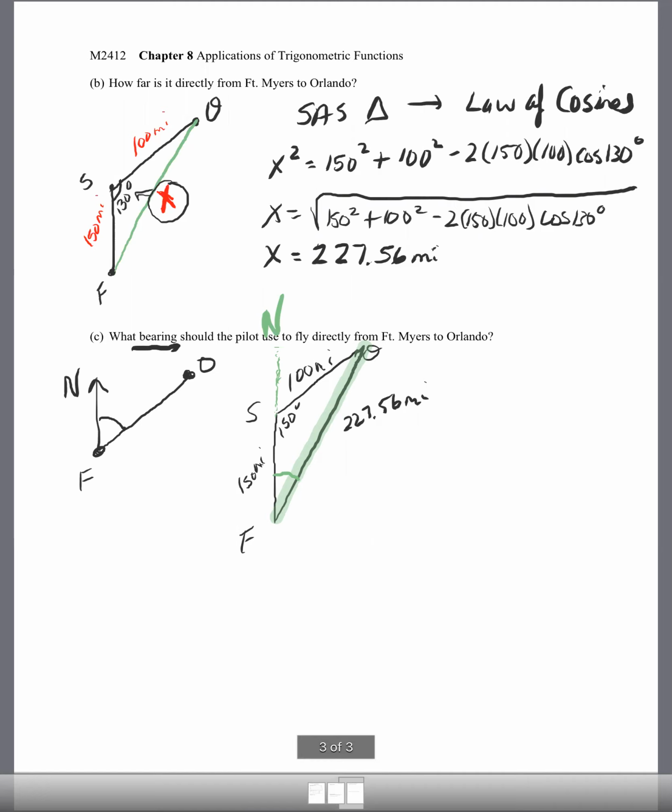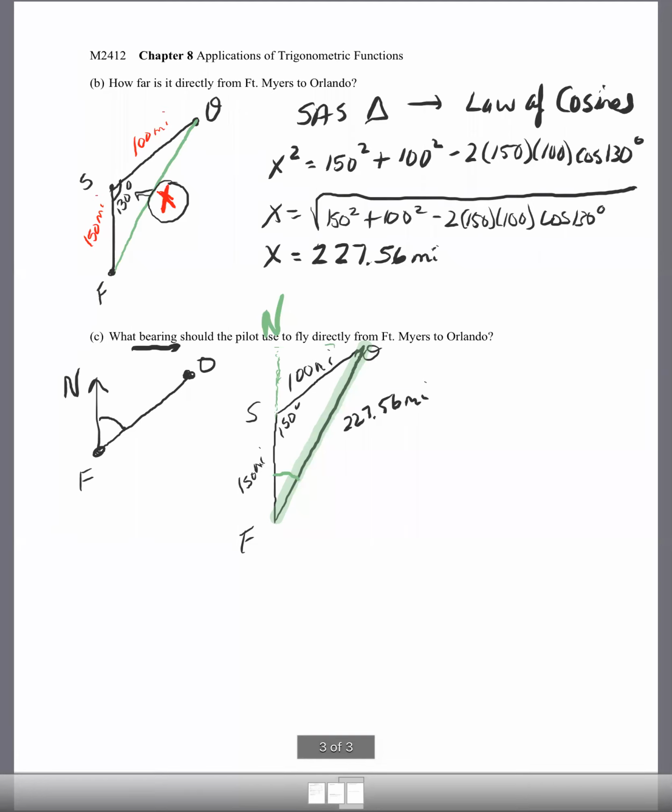And if you go back and just use the general knowledge of the triangle FSO, which one of those angles looks to be the smallest? And if you look at that, it looks like F is going to be the smallest angle. F is across from 100. O was across from 150.